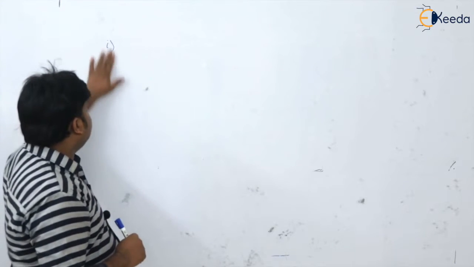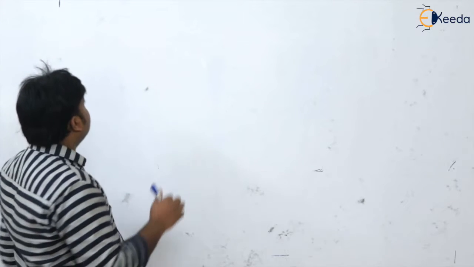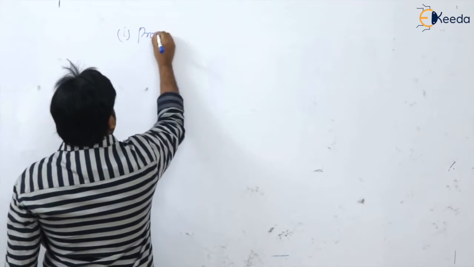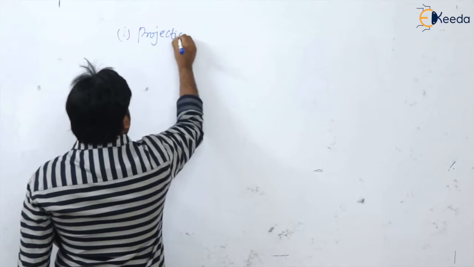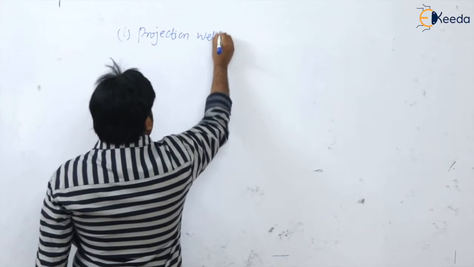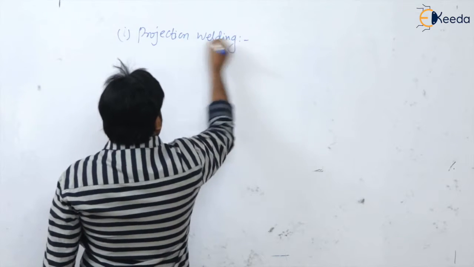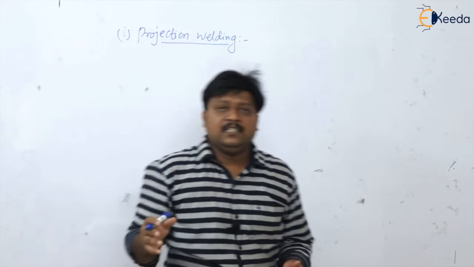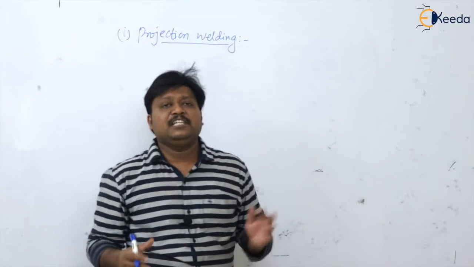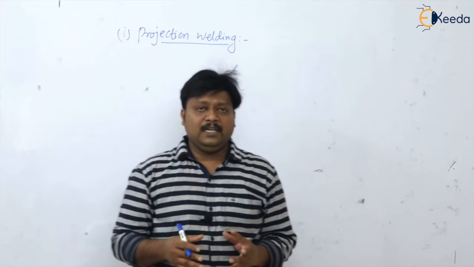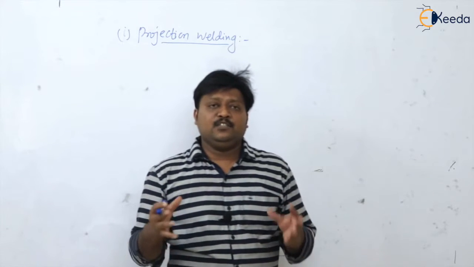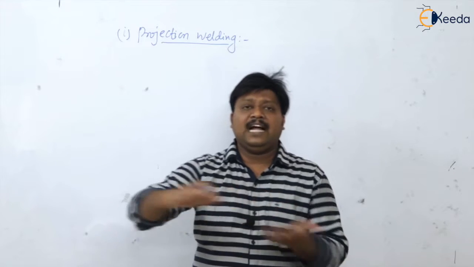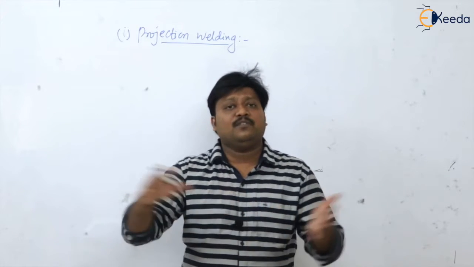Now the next process after seam welding is projection welding. Basically, projection welding is a variation of spot welding, where this technique is used to join a projection component onto a flat component or flat surface.